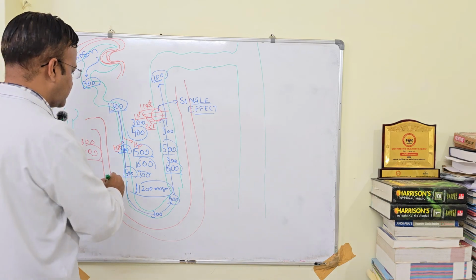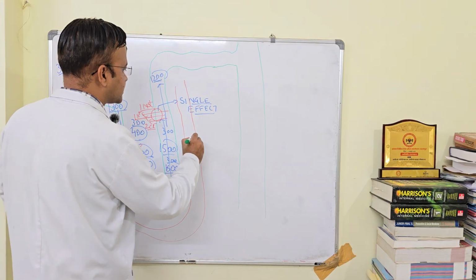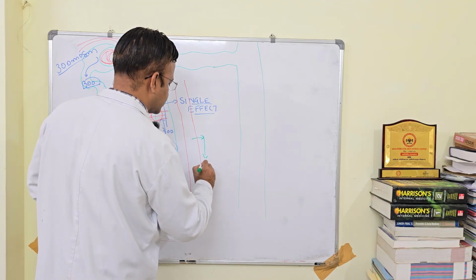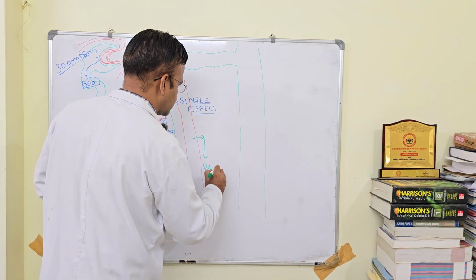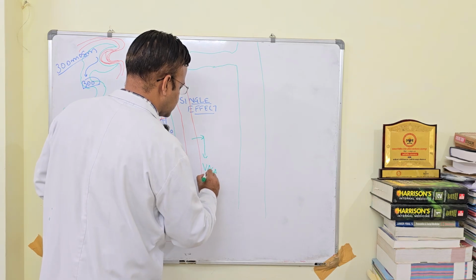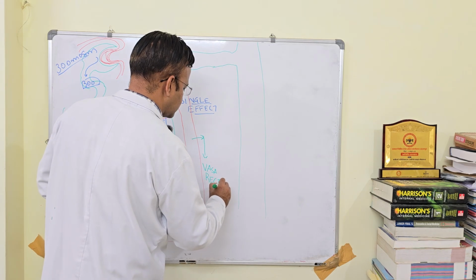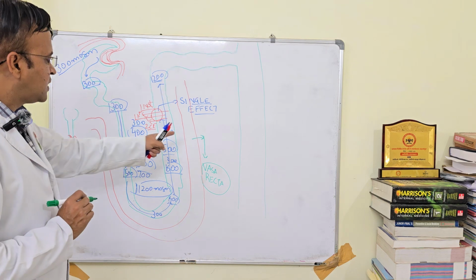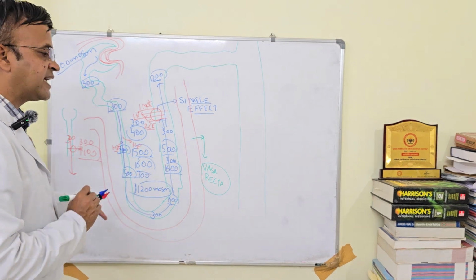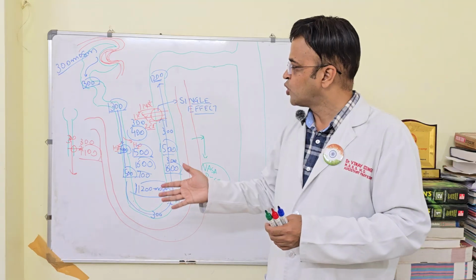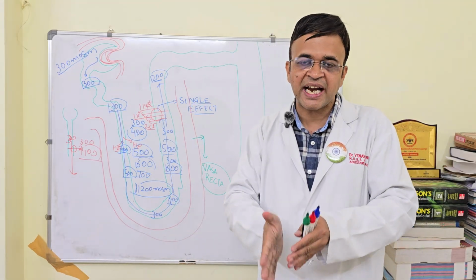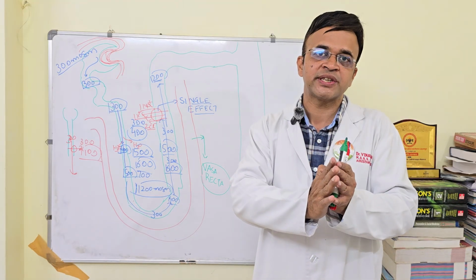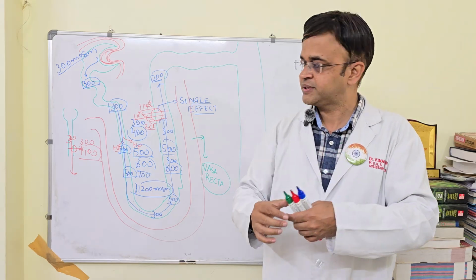Now this descending limb of the vasa recta, we call this blood vessel the vasa recta, right? Now this vasa recta, the descending limb is going to absorb solutes and release water, but the ascending limb is going to release solutes but absorb water, right?